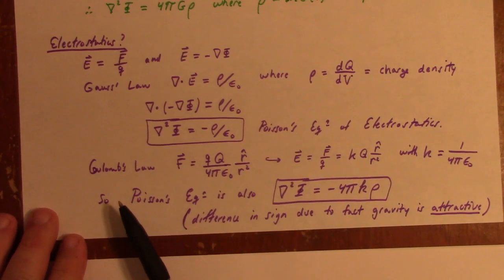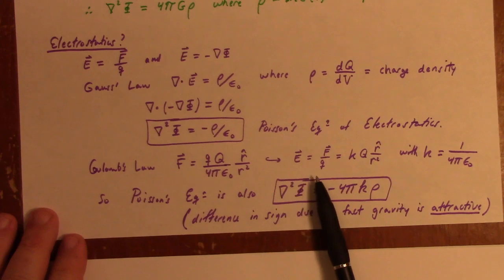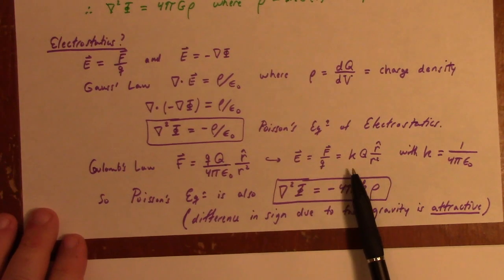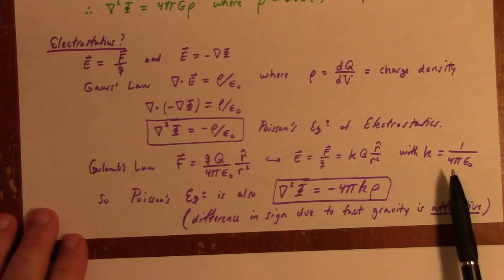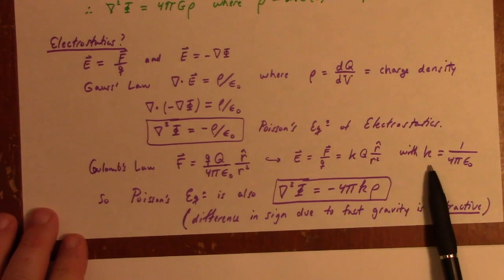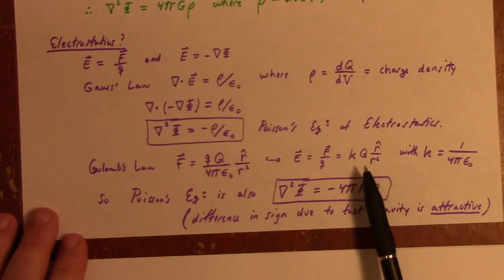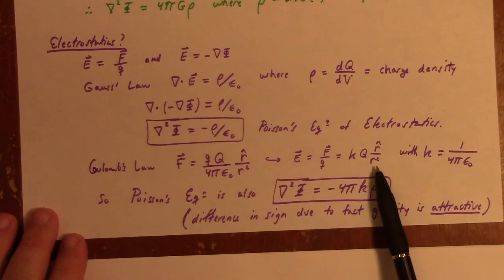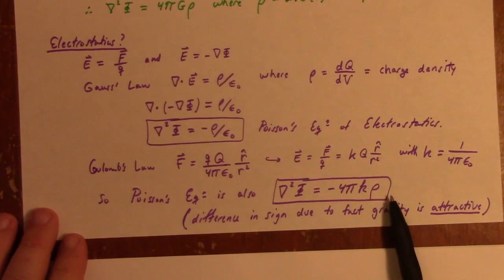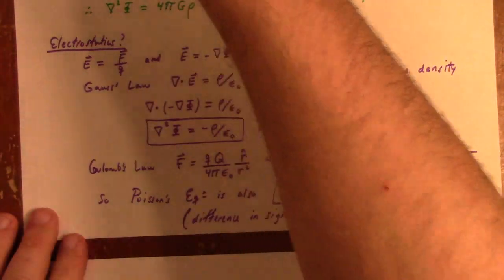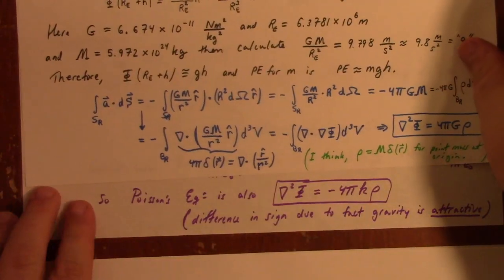And on the other hand, we have Coulomb's law, which is this. And so that's the electric field for a point charge, the Coulomb field, as it's called, and here k is 1 over 4 pi epsilon naught. And so if you write Poisson's equation in terms of k, you get minus 4 pi k rho. So it's entirely analogous, right? They're really just the same thing.